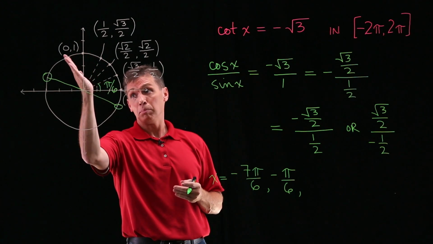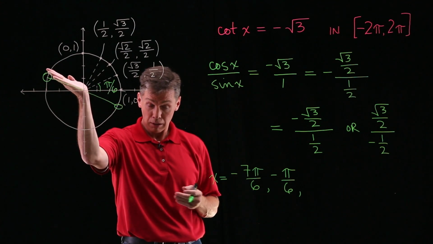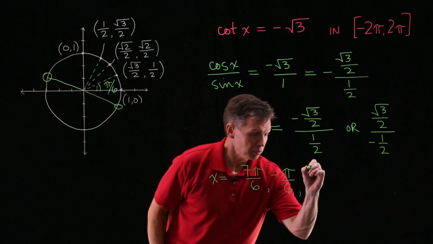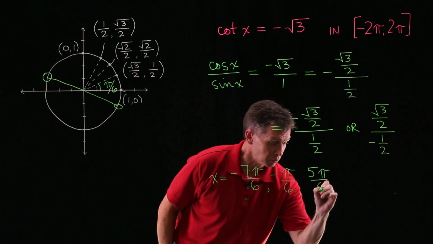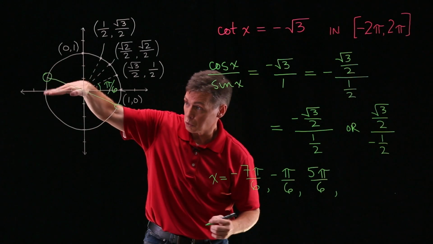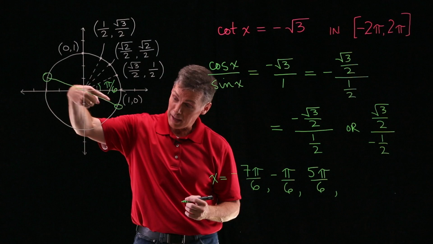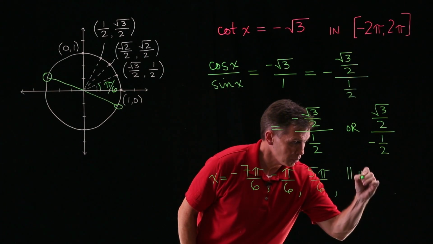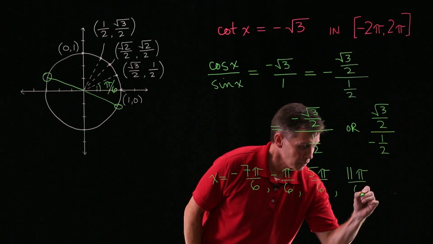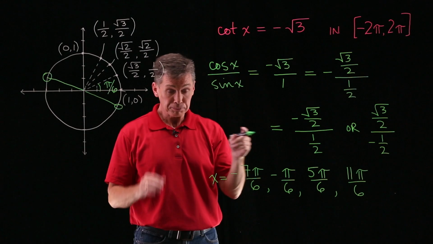I'm back in the second quadrant now, grabbing that answer right there, which would be a positive 5 pi over 6. Almost done, because then I'm just going to swing around, still going toward the positive 2 pi, and get that answer, which is going to be 11 pi over 6. All right, those are my answers within that closed interval.